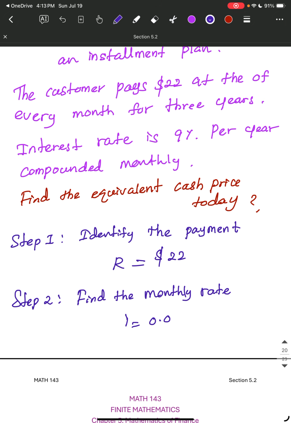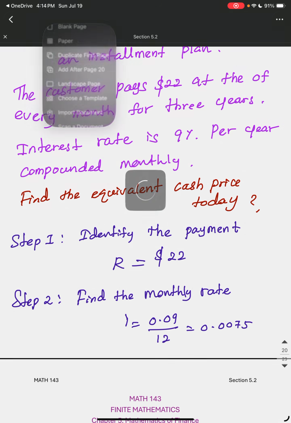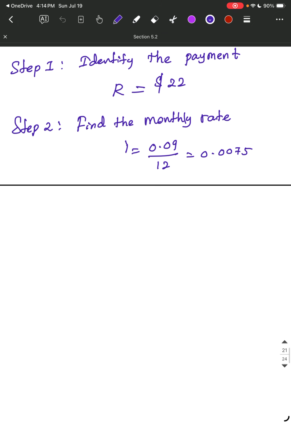Then step 3, find the number of payments. Three years, monthly payments. So m times t, 12 times 3, 36 equal payments.